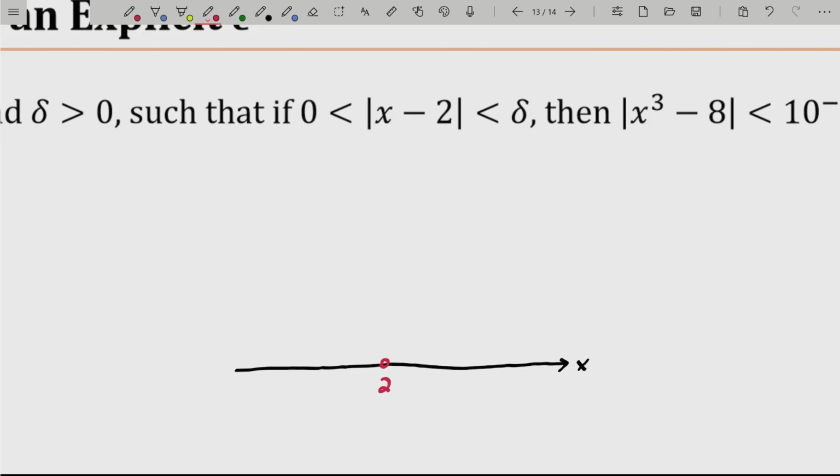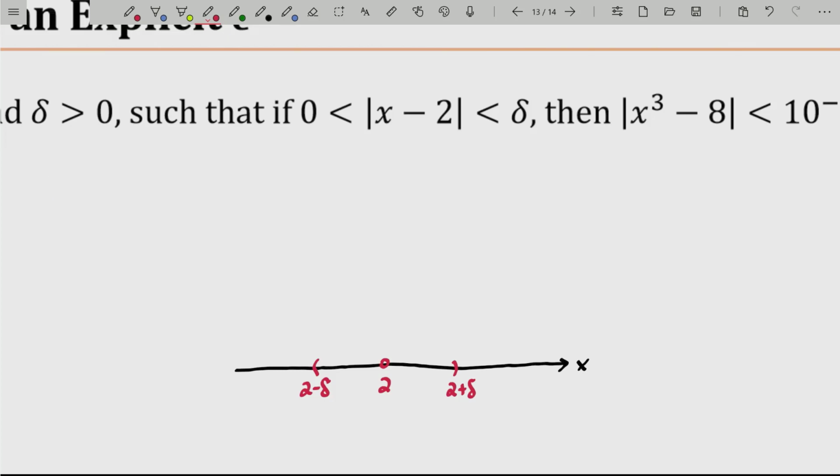And we know that the radius of the neighborhood is going to be that delta. So we have some neighborhood centered at 2 of radius delta. This is 2 plus delta, and this point over here is 2 minus delta. It's an open interval, so we're not going to include those edges. You're probably tired of hearing that, but it's so good to constantly repeat it.